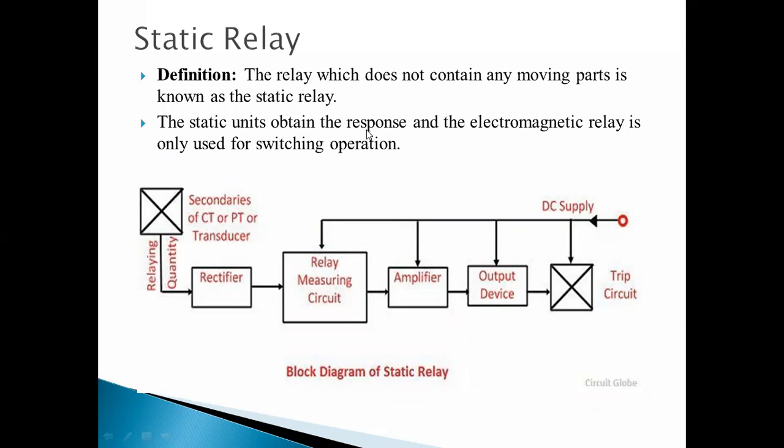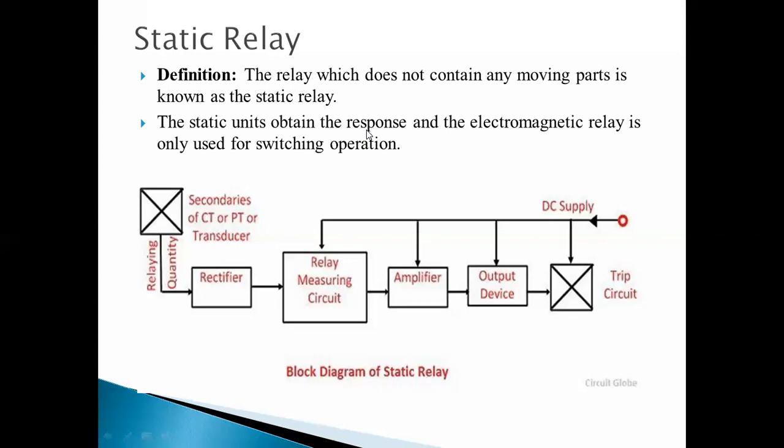Now, when we are considering this static relay, before that we studied electromagnetic relays. In electromagnetic relays, there were many moving parts. Moving parts means your main disk is moving there. That's why it is called the electromagnetic relay.